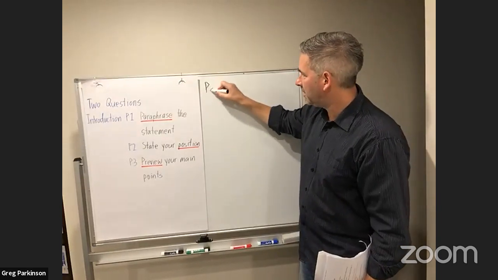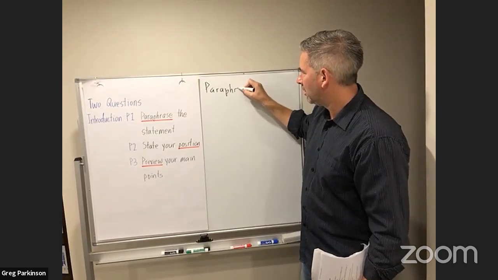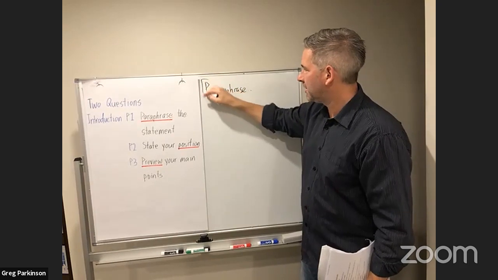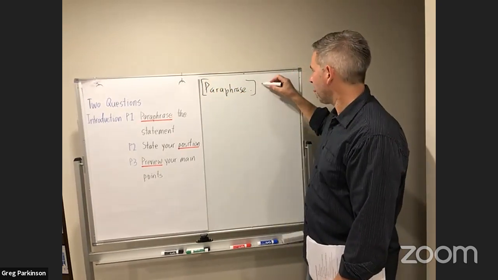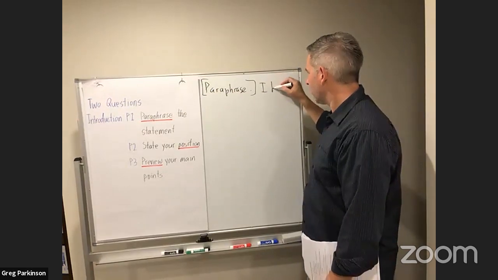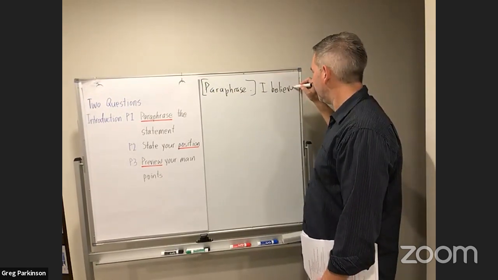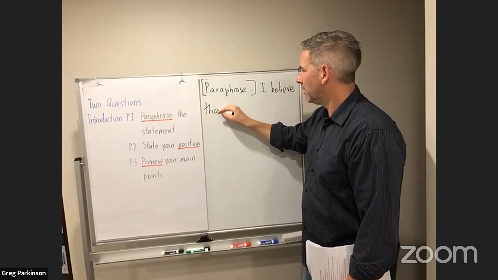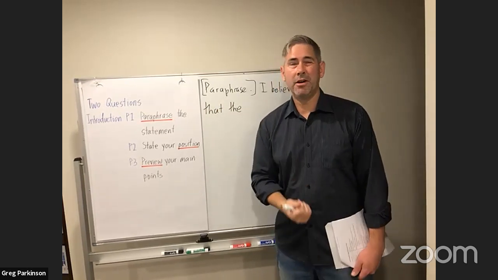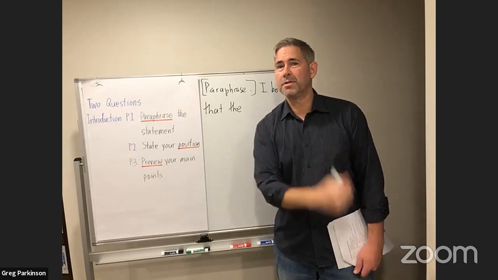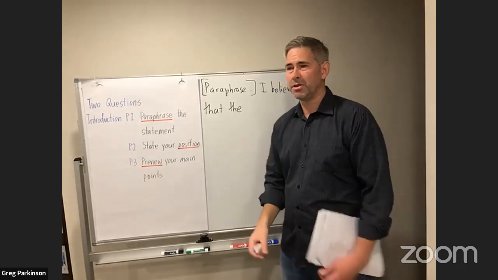So I paraphrase. All right, so let's just imagine all of that is my paraphrasing. And then I say this. I believe that renting a home, this is where I do a little bit of brainstorming before I think of my position.